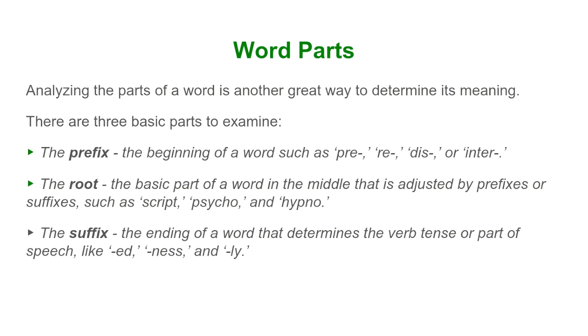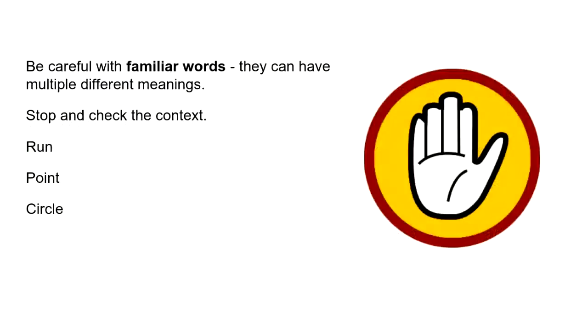Okay, you do have to be careful when you're looking at word meanings, because if you're reading really fast, you can run over a word and get a wrong sense of it, because really, really simple words that everybody knows can sometimes mean 5, 6, 7 different things. For example, how about run?